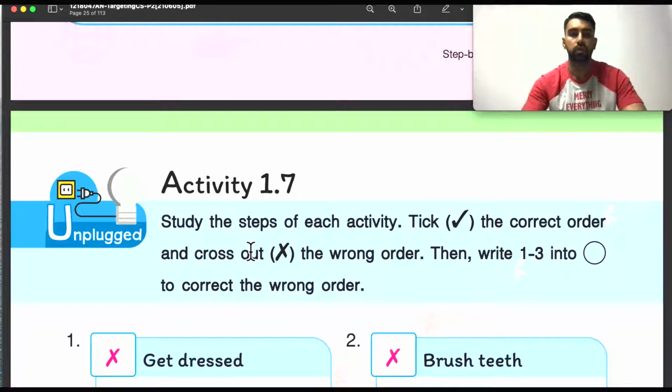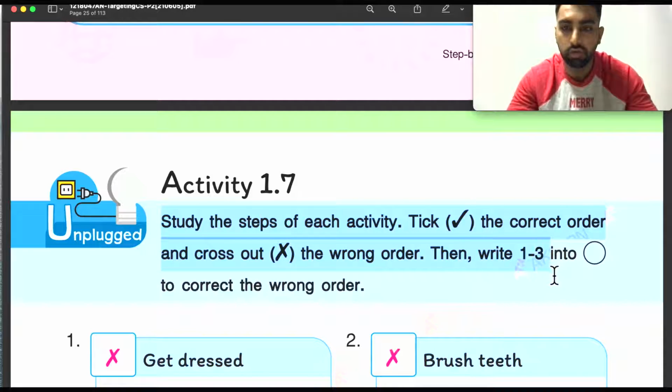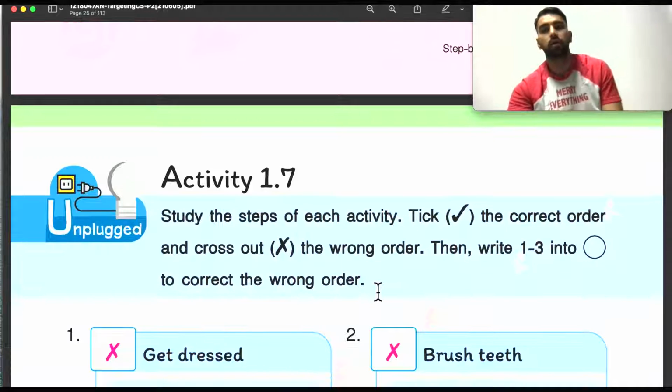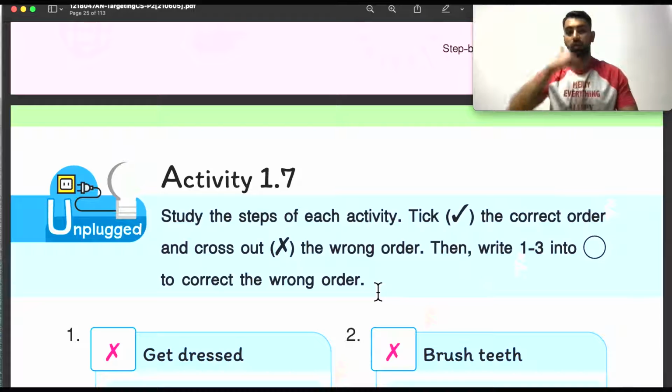For you, study the steps of each activity, tick for correct order and cross out the wrong order, then write 1, 2, 3 into circle to correct the wrong order. In this activity we have to see which one is a correct order.